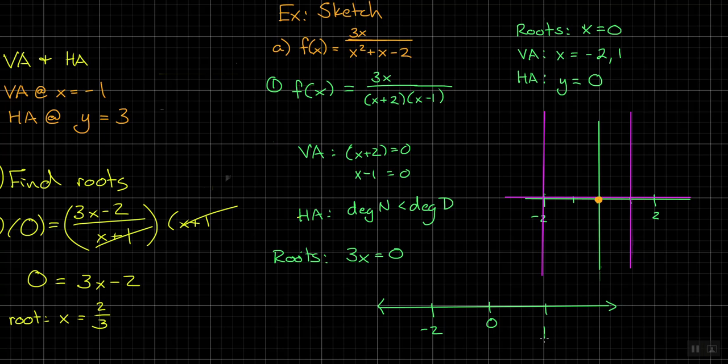Do you guys agree with that? Only place that my function can ever possibly change sign. So let's just plug in a couple values here and see if we can just at least see what the direction is.